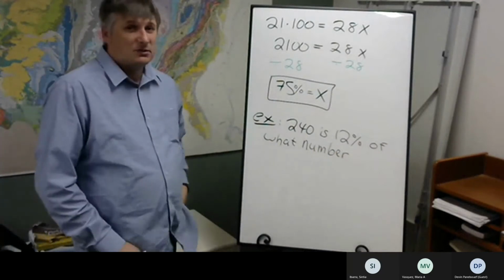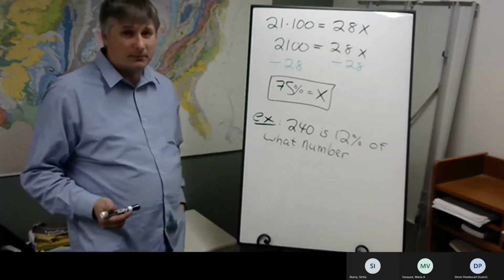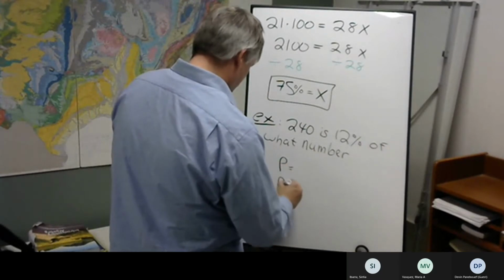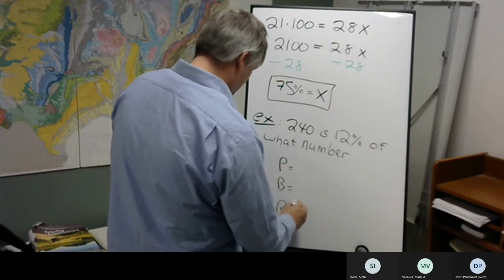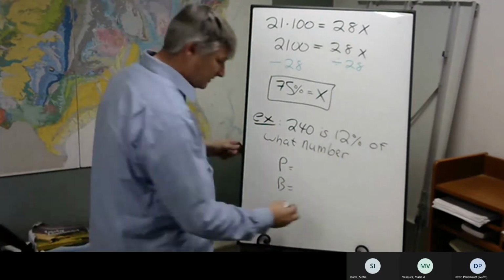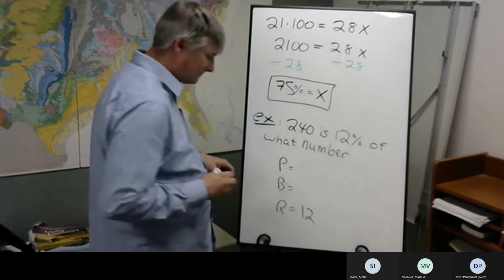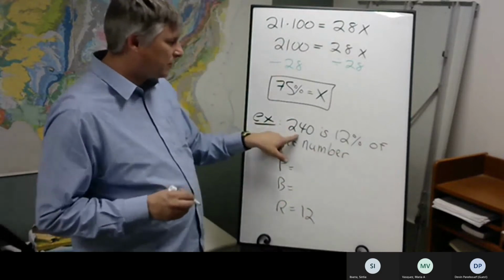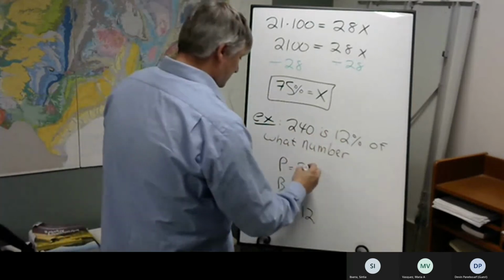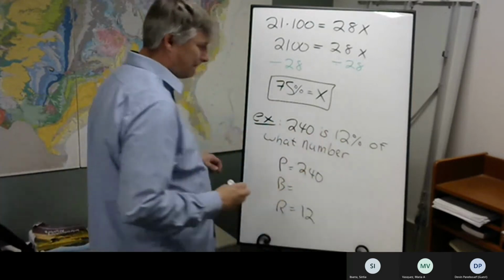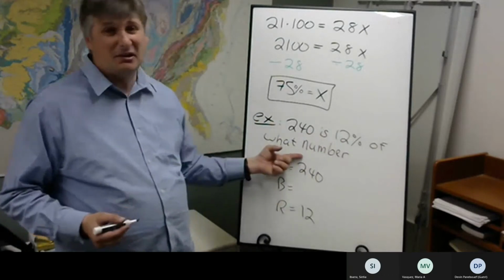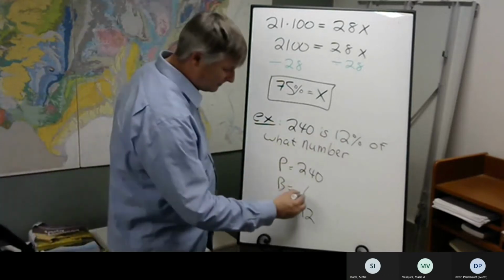So 240 is 12% of what number? So P, B, and R. Well, the percent's given, so that's going to be 12. Now, 240 is a percent of something. That means it's a part of something. So that's going to be our part. But what's it a part of? Well, they don't tell us. So that's our X.